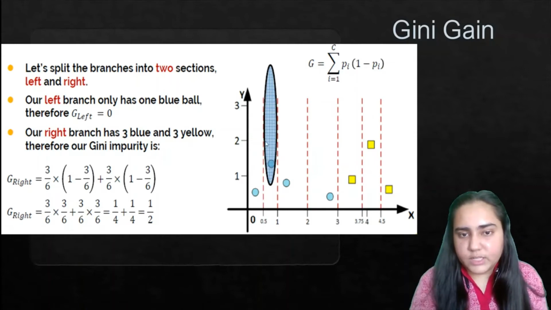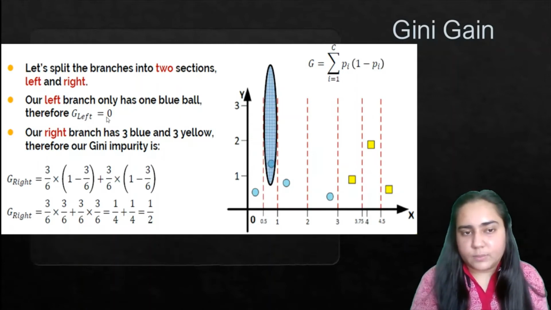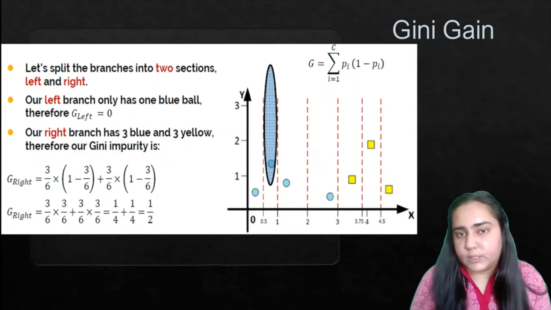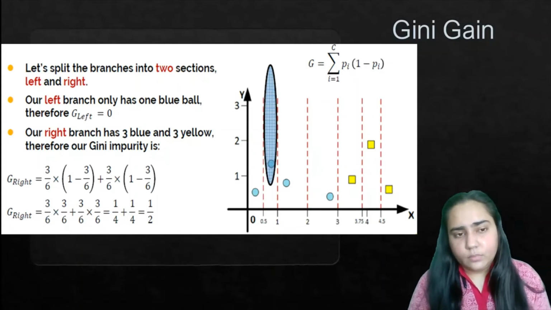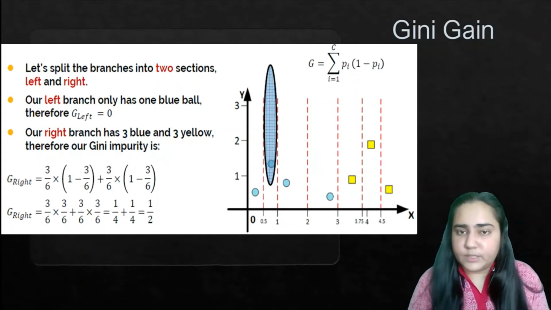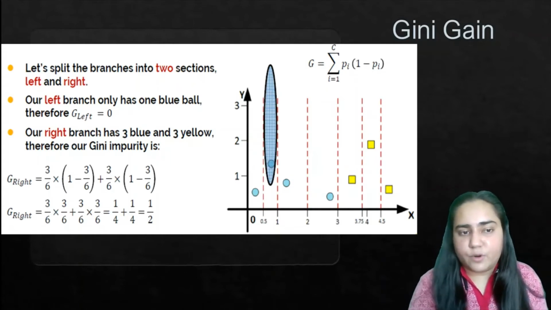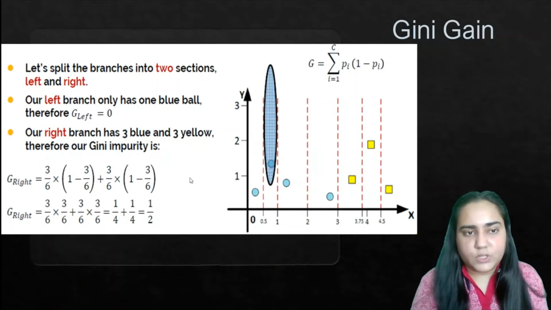So if you're calculating just the Gini gain for the left side branch, it's going to be 0 because there is no yellow ball, so you have no probability to calculate. It will be 0 because we are applying the same formula, and anything you multiply by 0 is going to end up 0. So G left is 0.